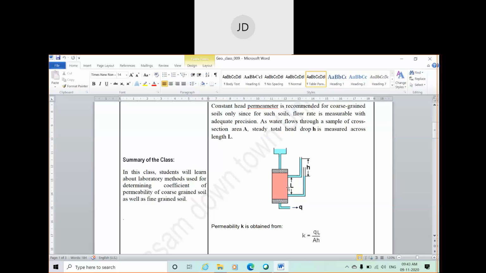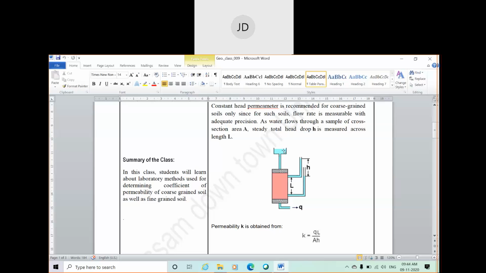So this L will be the length of the sample, and this soil has a cross-sectional area of capital A. And at the top of the soil layer, an overhead tank is fitted.